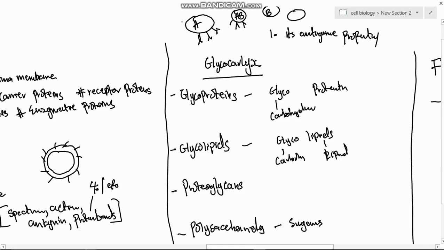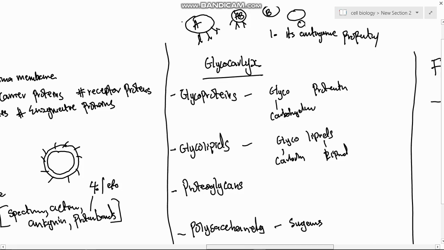If it doesn't have that particular glycocalyx, it is named O. So the glycocalyx provides the cell with its antigenic property. It plays a major role in cell recognition, so that the immune system will be able to distinguish self from non-self. That is the function of the glycocalyx.